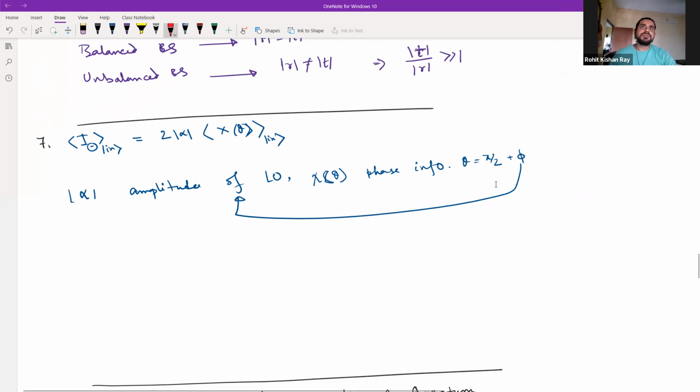And as we can see, this is the expectation value that was derived in question number 5, right? So like I said, alpha is the amplitude of the local oscillator, and chi of theta has the phase input in this form. So that explains what was required in the question.